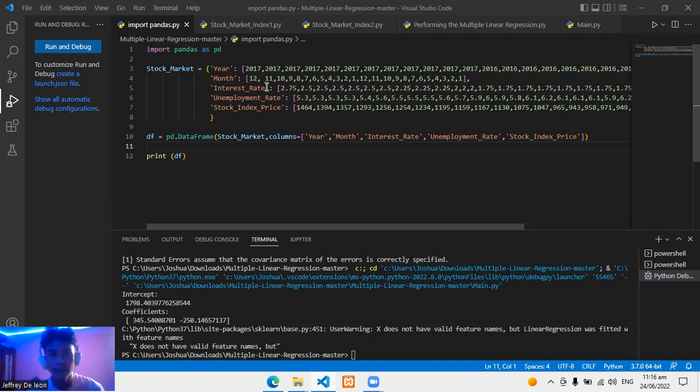Dito naka-declare po yung ating data sets: the year, month, interest rate, unemployment rate, stock index price. Dito naman po sa baba is yung column. To check that, i-run po natin siya.